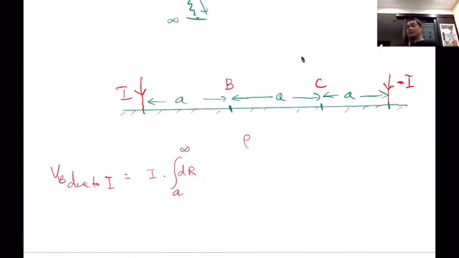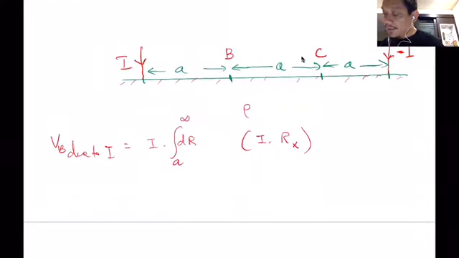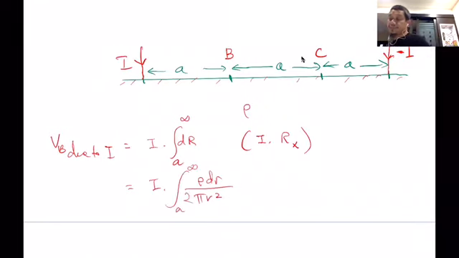So do that one: I rho dr over 2 pi r squared, from A to infinity. And then it's I rho over 2 pi A. So the answer is I rho over 2 pi A.